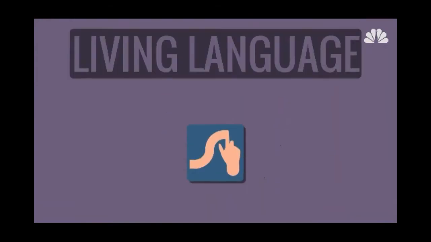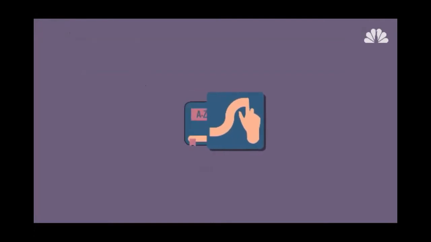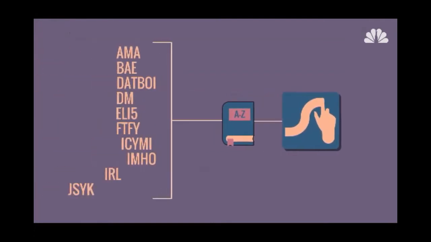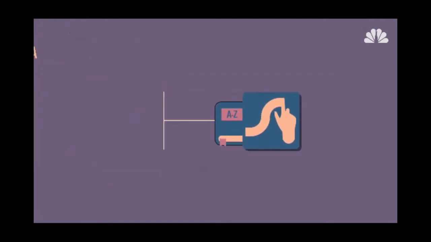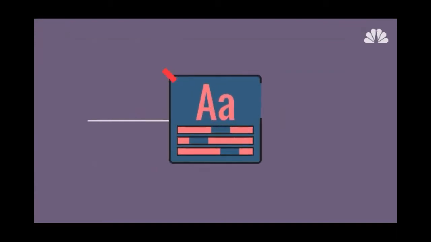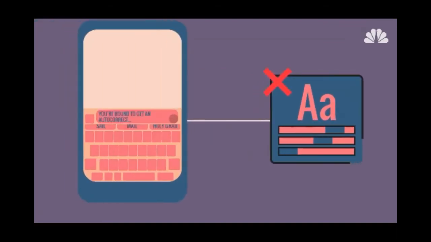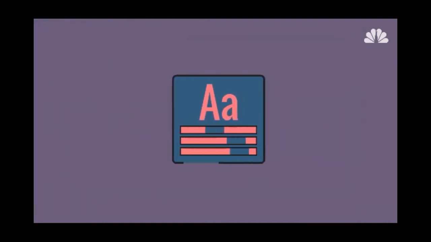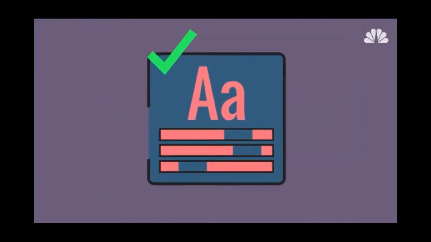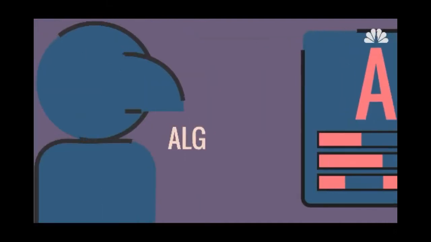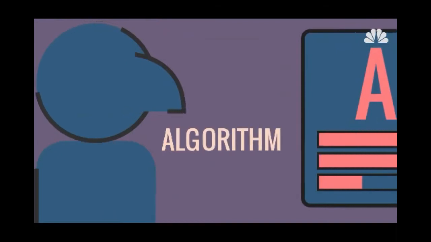For example, the swipe keyboard includes a living language feature, which updates your dictionary with slang words and phrases found online and in social media. Of course, the algorithm isn't perfect. You're bound to get an autocorrect fail from time to time. But largely, predictive text systems are pretty spot on. So type ALG for the algorithm.